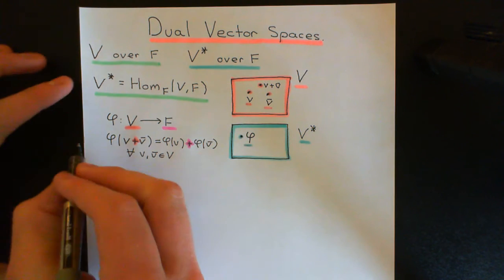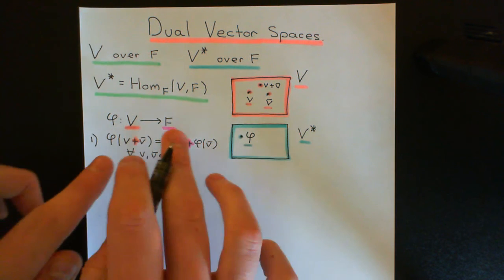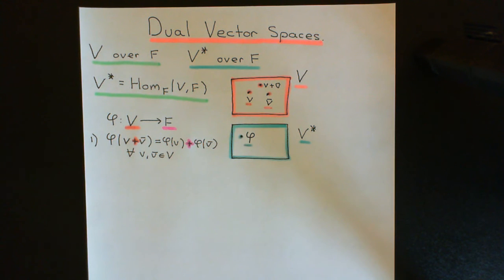Okay, so that's just one of the criteria that this mapping phi from the vector space into the field must obey in order to be a linear map.